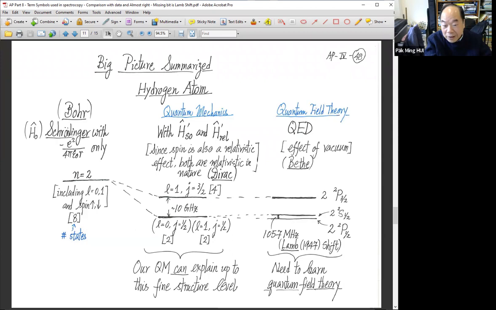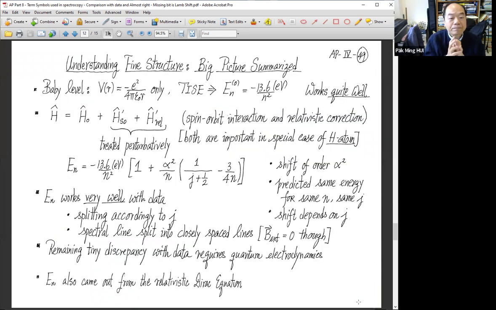So this Lamb shift, it is out of our scope to explain it. You need to learn more quantum mechanics called quantum field theory. This is also a summary of what we got.